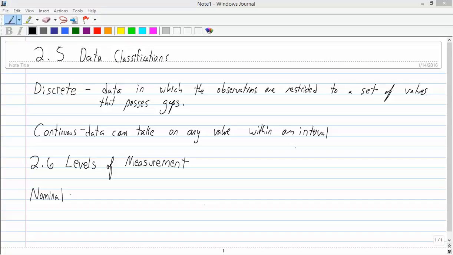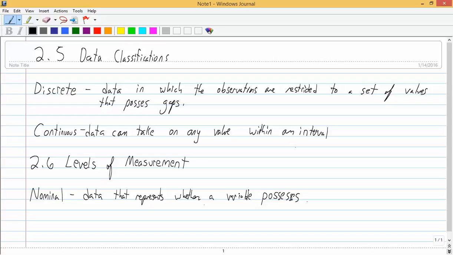In a nominal level of measurement, data that represent whether a variable possesses some characteristic.